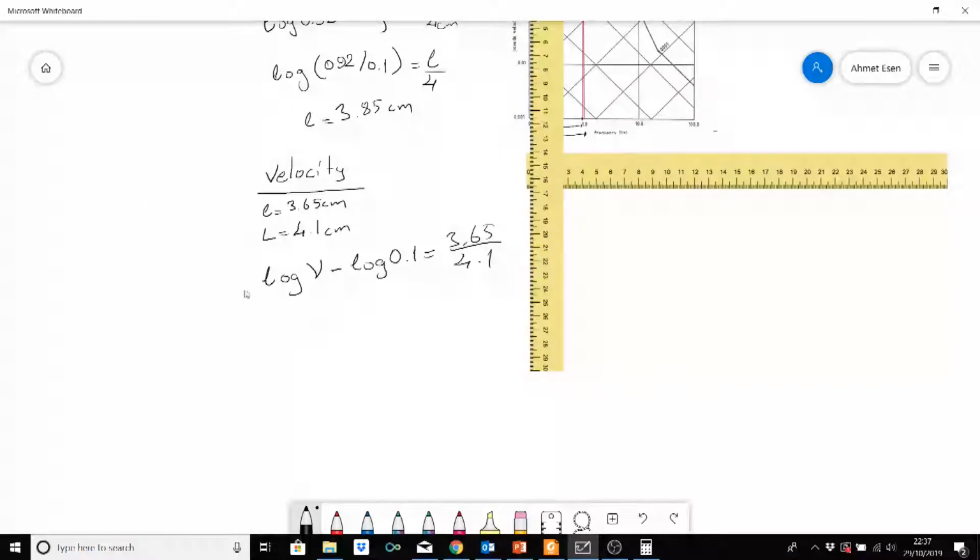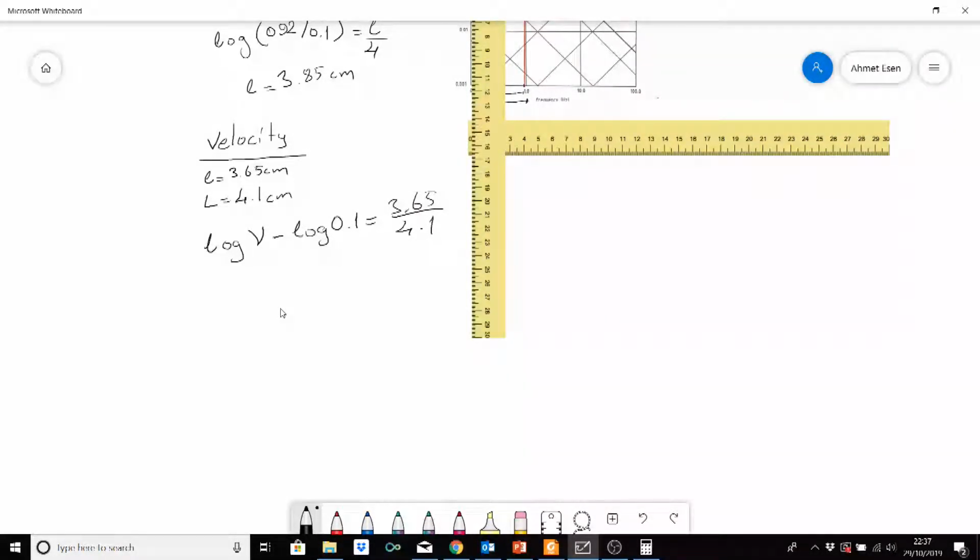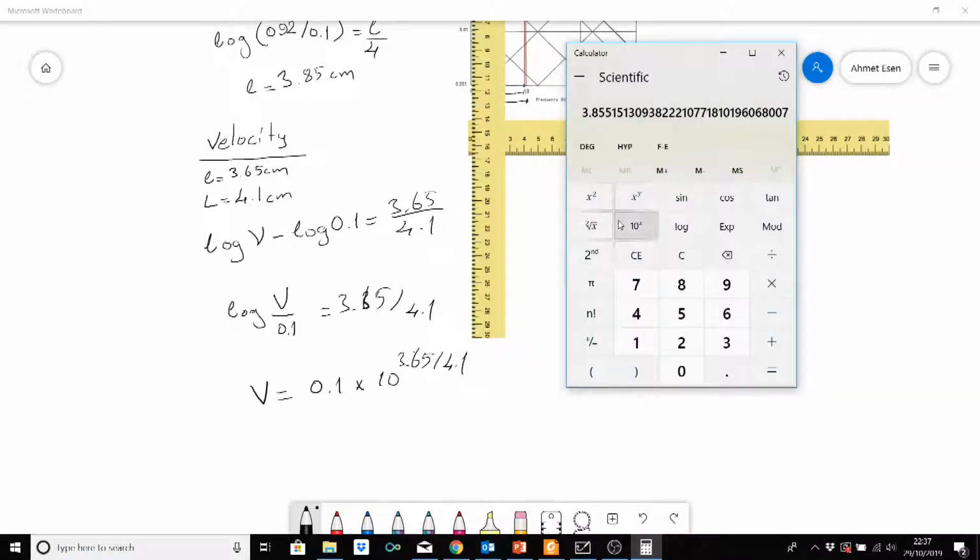Okay, so let's calculate this. Log v over 0.1 will be equal to 3.65 over 4.1. So there's 10 here. We're going to just send it here. So v is equal to 0.1 times 10 to the power of 3.65 over 4.1. Okay, so let's solve this and see what happens.